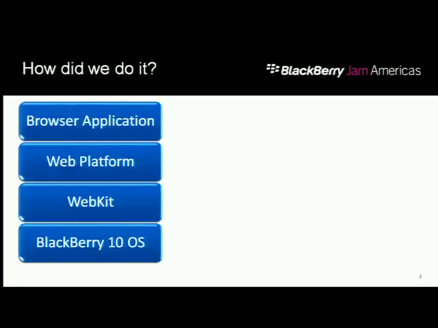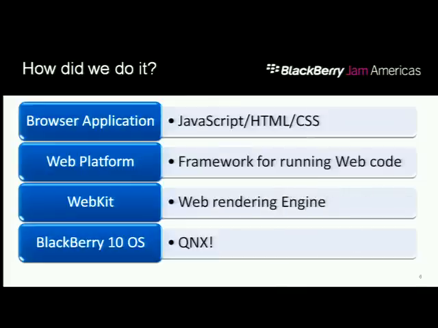So how do we do it? This is basically the way the stack looks to build the browser. On the bottom, we have the BlackBerry 10 OS, Unix, which provides sort of the lower level functionality, networking, device APIs. On top of that, we have the WebKit rendering engine, which we've been updating, which includes most of the new HTML5 functionality.